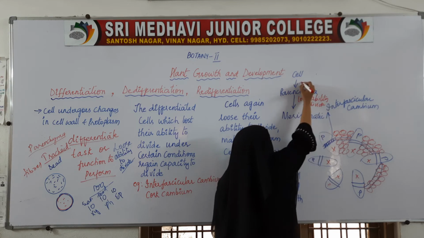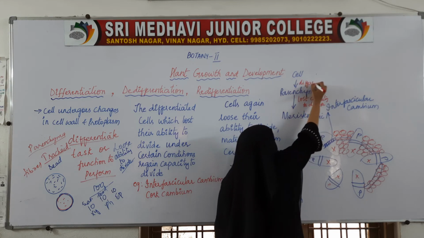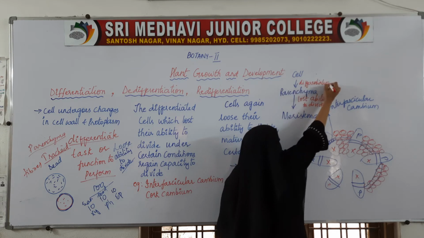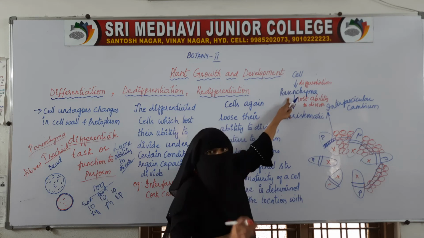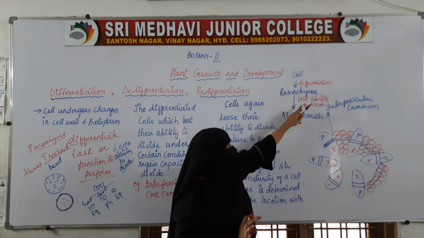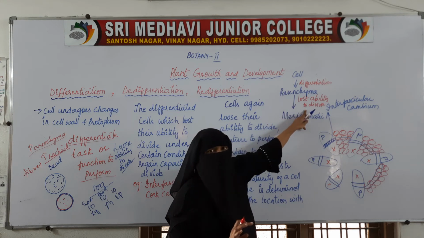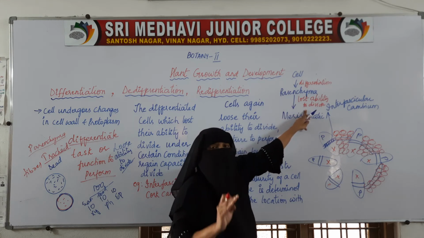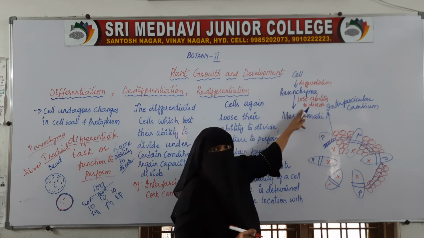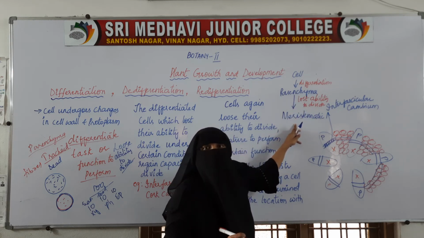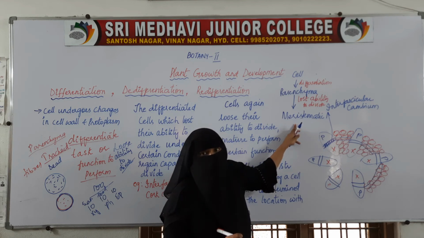The cells after differentiation have changed into parenchyma. Now this parenchyma has lost the ability to divide. But under certain conditions, few of the parenchymatous cells will again change into meristematic tissues.